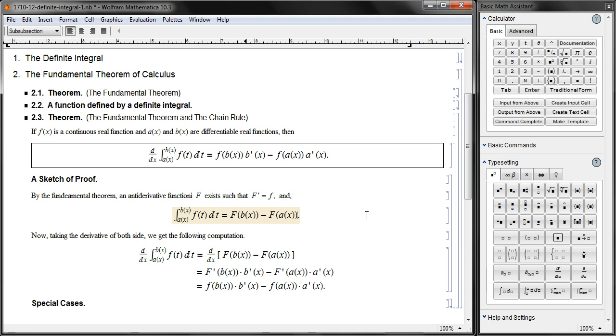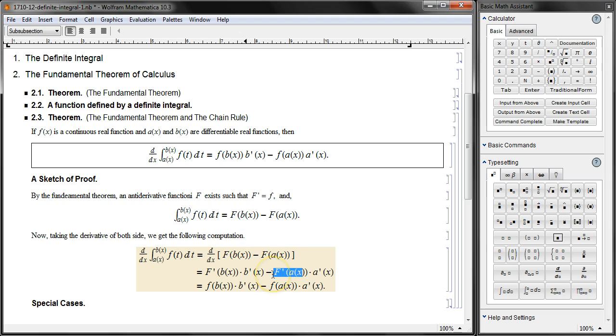So far, nothing but just substitution. Now let's take the derivative. How do you do that? Well, simply take the derivative of both sides, and then let's take the derivative of capital F of b of x. How does that work? Derivative of outer function, inside stays the same, and the derivative of inside. What is this? It's just a chain rule. The same thing over here.